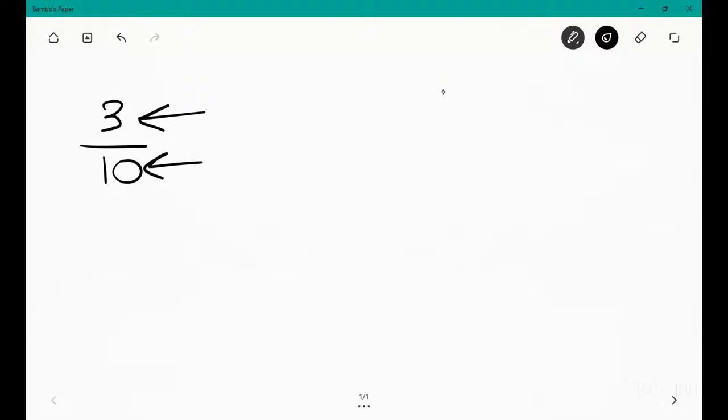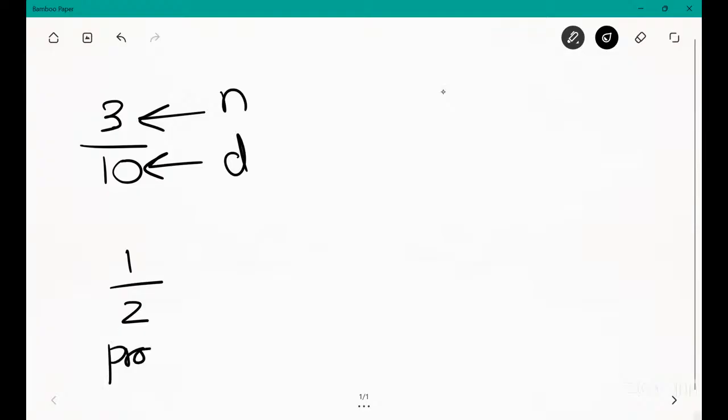If your numerator is less than your denominator, let's say 1 over 2, where the numerator is on top and the denominator is on the bottom, then you call this a proper fraction.